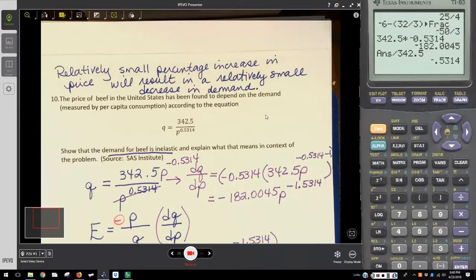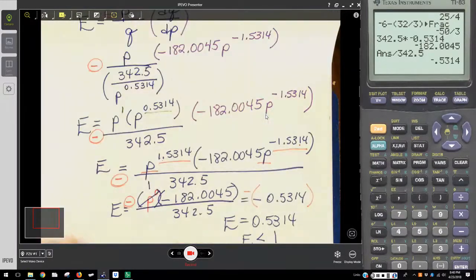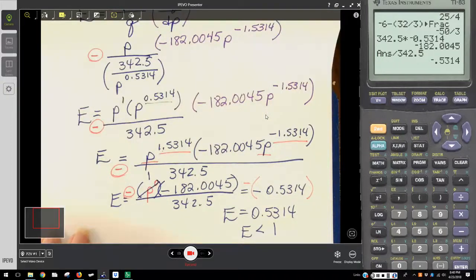If demand had been elastic, a small percentage increase in price would have resulted in a large decrease in demand. But inelastic means small increases go into a small decrease. And once again, here are the calculations, leading basically to the fact that E is 0.5314.